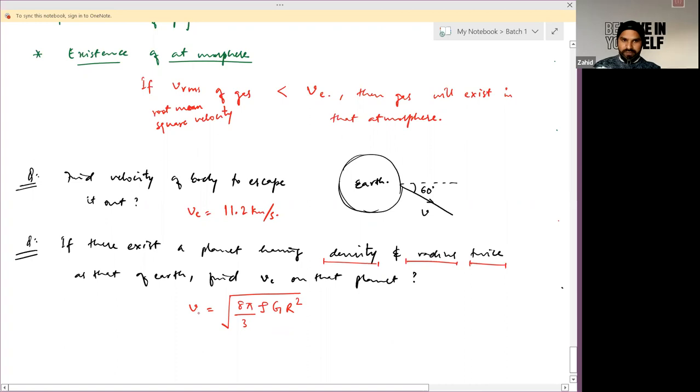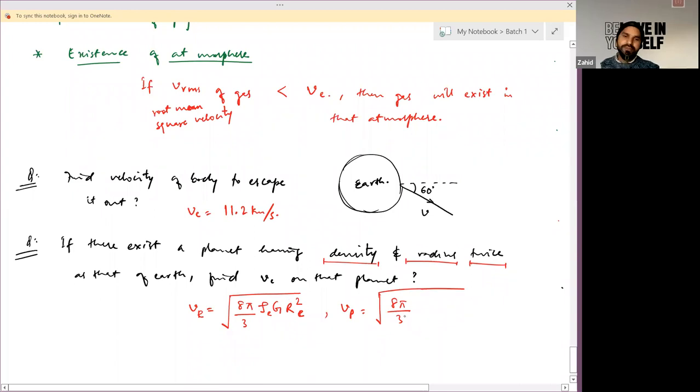Let's say V E for Earth, so it will be rho E and R E. Again, for that particular planet, say V P, 8 pi by 3.